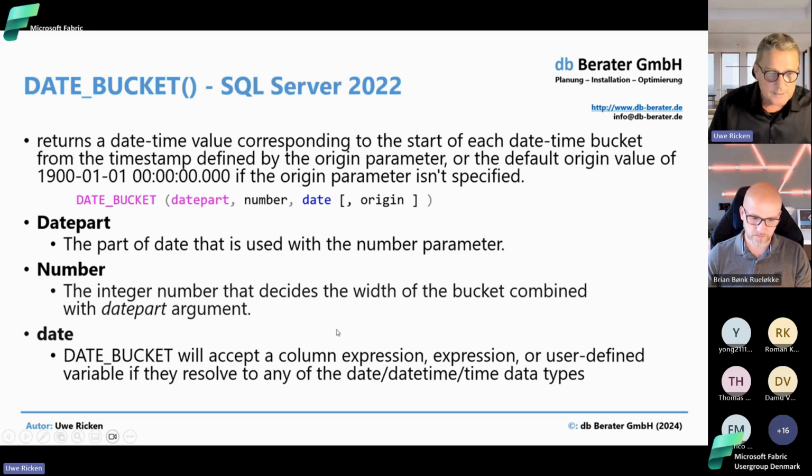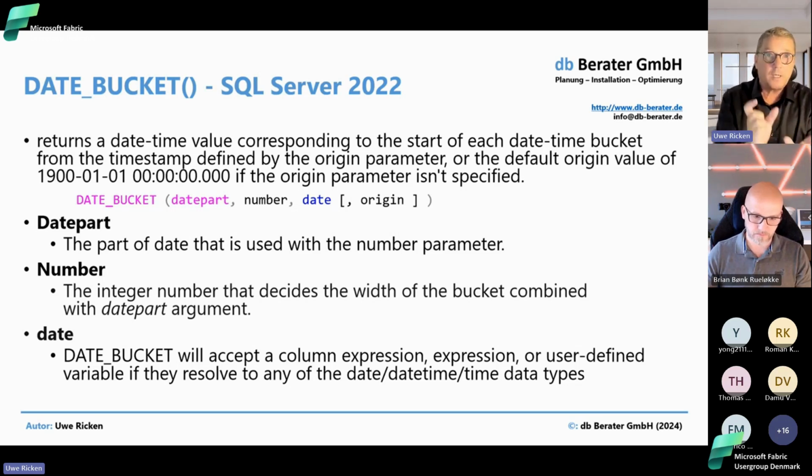The second one is the number. The number is the size or width of the bucket, combined with the date part argument. For example, if I want a 2-week bucket, then you need to say the date part is week and the number is 2.